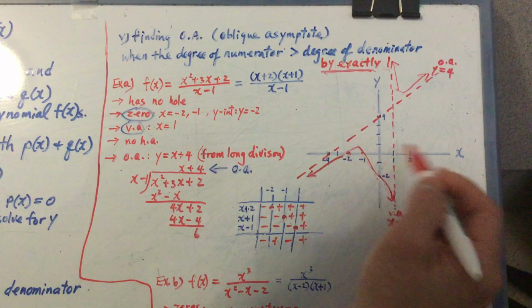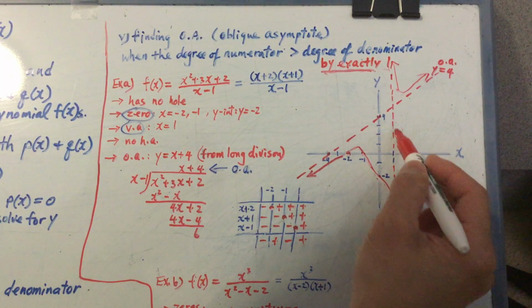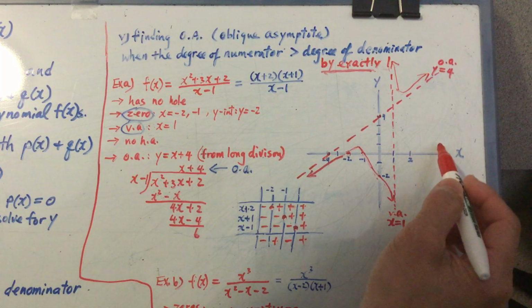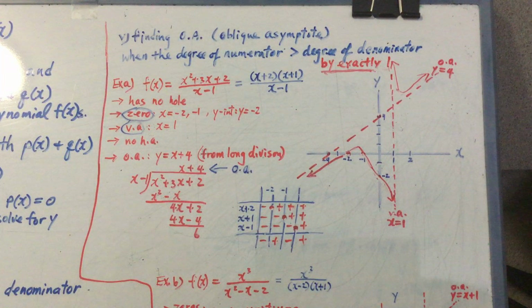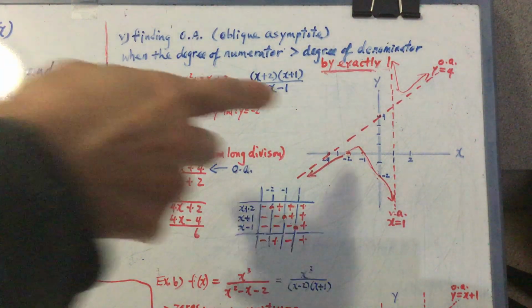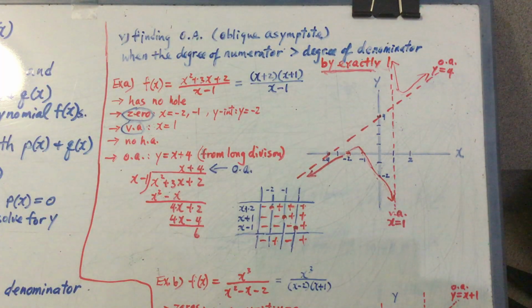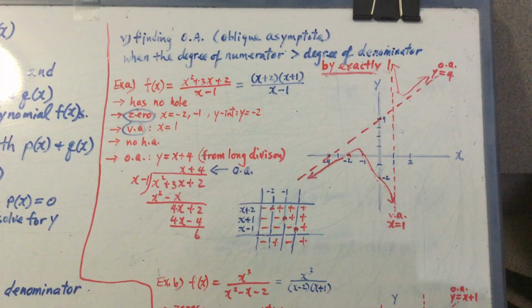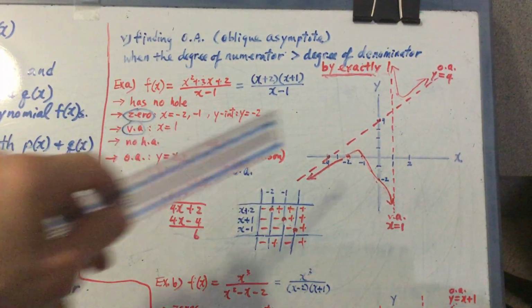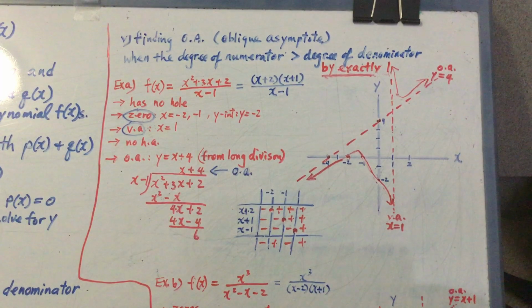And because I don't have a horizontal asymptote, it wouldn't go like this either. So that is the look of this graph. Everything should match your table of values.